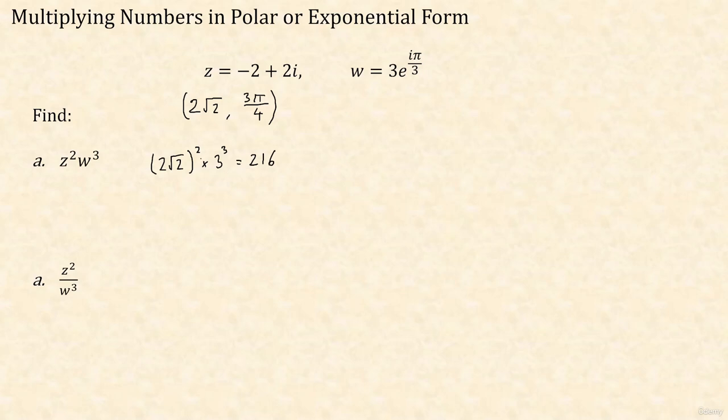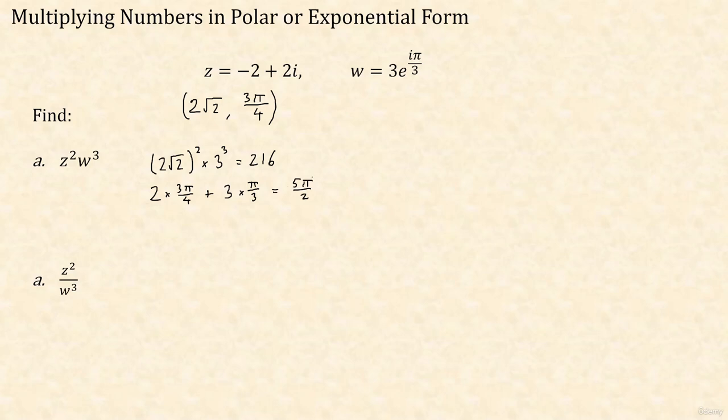My argument is simply going to be the arguments added up twice from z, so that's going to be 2 lots of 3 pi over 4, plus 3 lots, because it's w cubed, plus 3 lots of pi over 3. So work all of that out and we get 2.5 pi, or let's say 5 pi over 2.